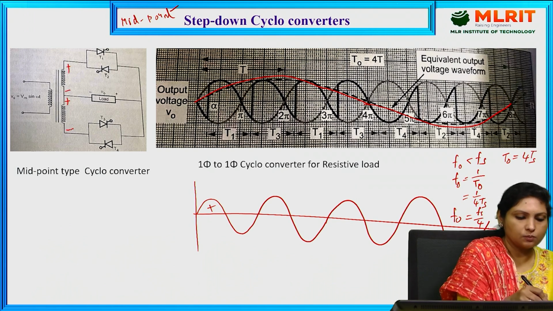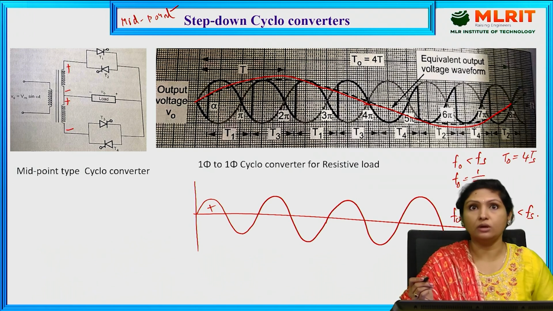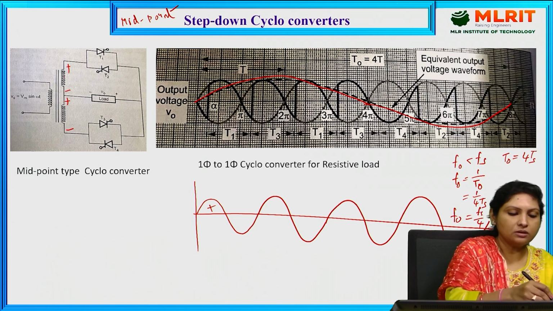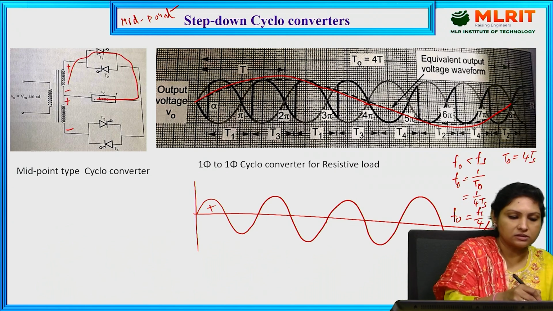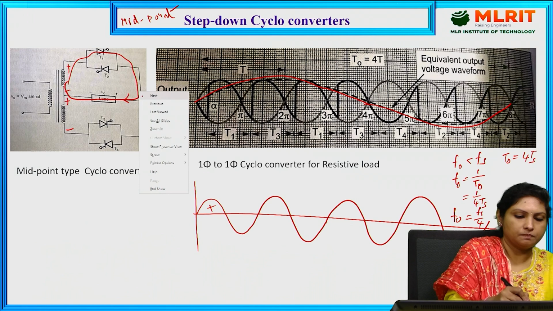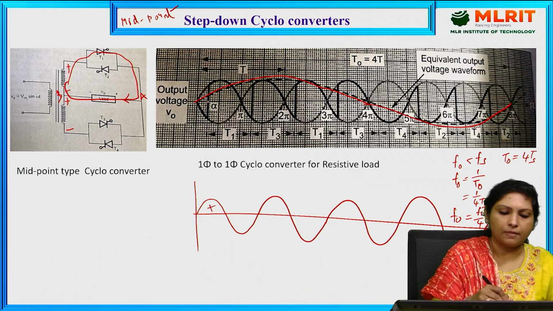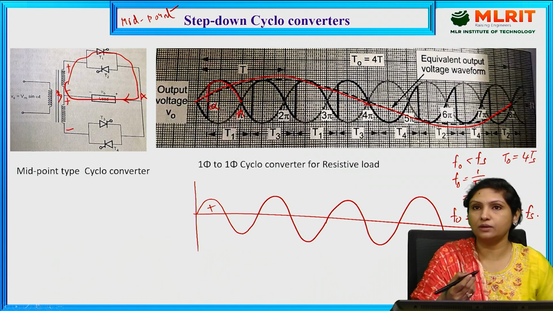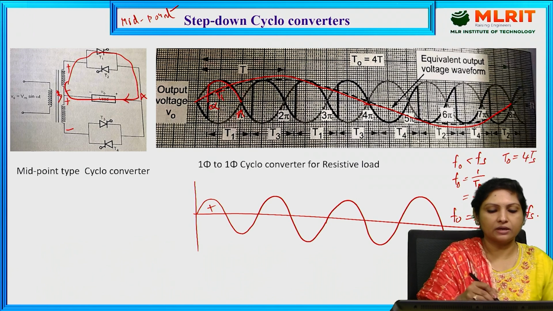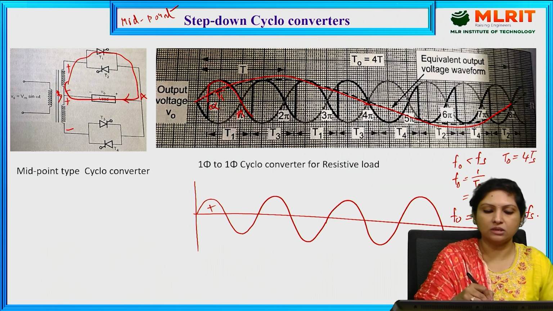In order to obtain the positive half cycle of the output voltage to be controlled, I need to provide the triggering pulse for thyristor 1 such that thyristor 1 conducts current through the load from point A to B. That is how my positive half cycle of the output voltage is controlled, conducting from alpha to pi, and because of the inductive load, thyristor 1 is even conducting beyond pi, as long as energy stored in the inductor is present.